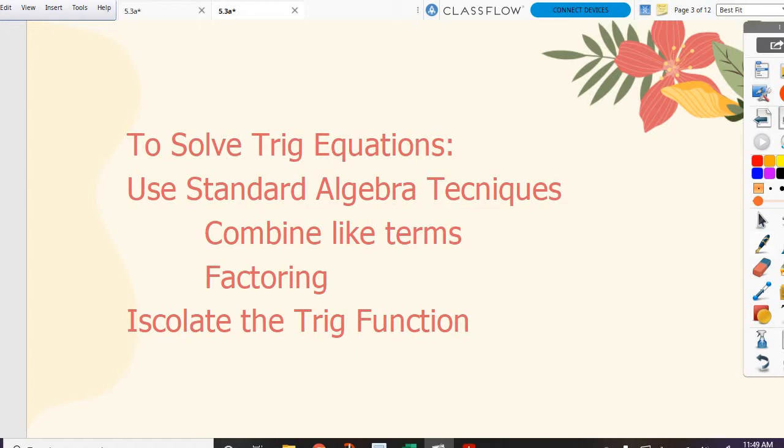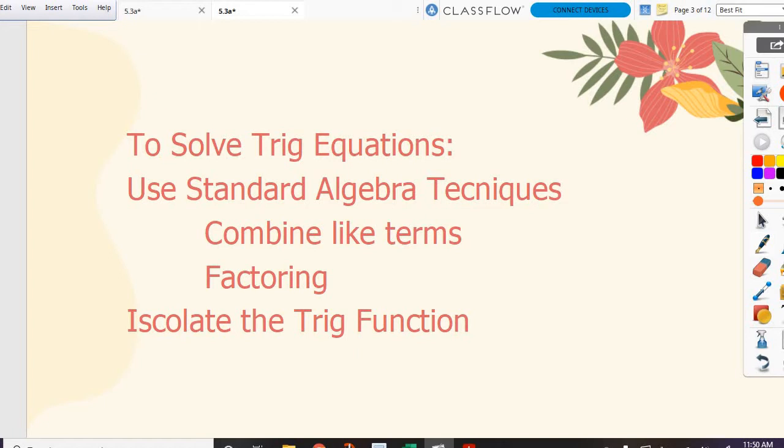And what I mean by that is just all the stuff we've used to solve before now. Meaning like our opposite operations, so adding, subtracting, multiplying, dividing, taking the square roots of things, squaring things, all of those still apply. Sometimes we might have to combine like terms. Sometimes we might have to factor.